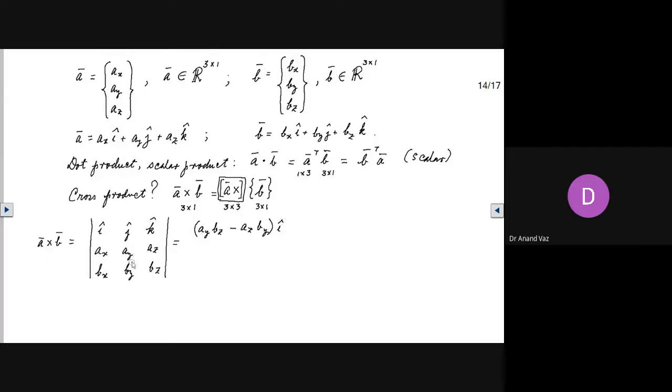The second one, I'm going to write it below. That is minus, because we have minus j here. We'll have minus j and AXBZ minus AZBX.